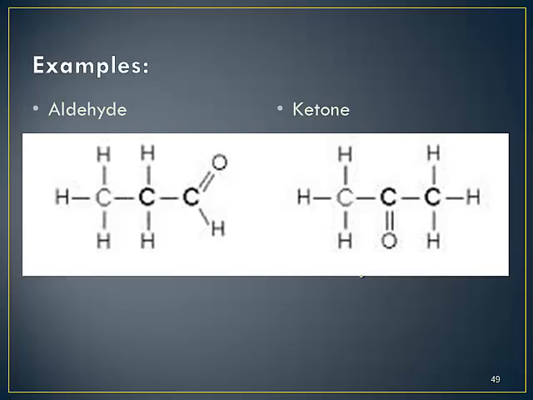So let's look at 2 different examples here. And these are very similar. They're both 3 carbons long, a 3 carbon chain here, and a 3 carbon chain here. The distinguishing point is that this has the aldehyde carbonyl group because it's a terminal one, whereas this has the ketone carbonyl group because it's within the middle of the chain.